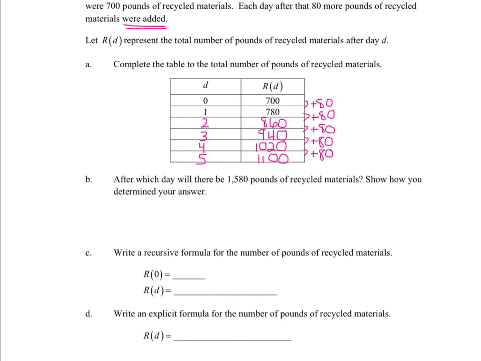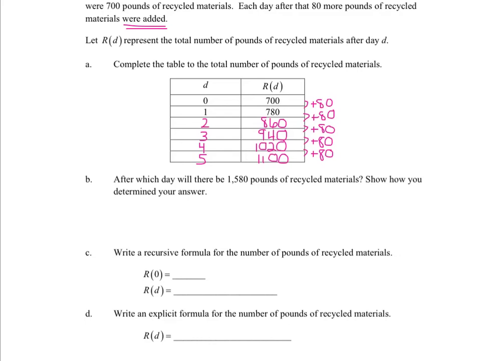Part B. After which day will there be 1,580 pounds of recycled materials? Show how you determined your answer. So I want to know, when will there be 1,580 pounds?